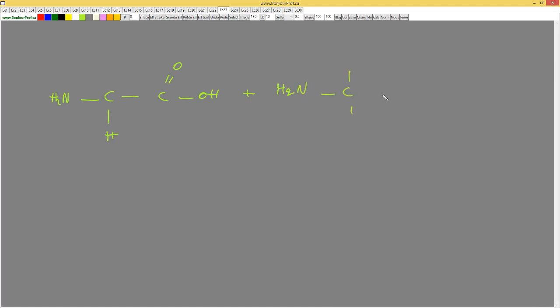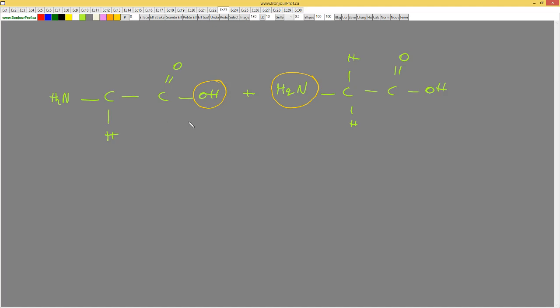I'm going to put it the same, O and OH. This one I'm going to put here an H. Nothing forbids me to do it. And I have here an H. So what will happen? This amine and this OH will react, because they are the functions. This function amine and this function of acid will react, and what will happen?